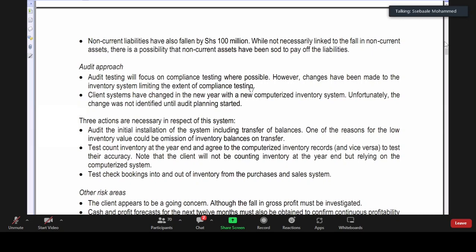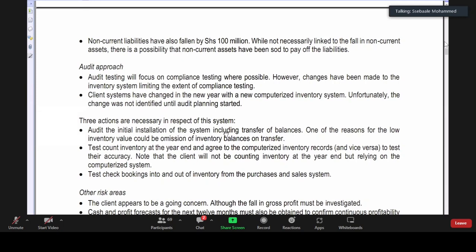That is why you can see there's a pointer that the cost of sales reduced significantly compared to the increase in revenue. It might be that there is an understatement as a result of migrating the inventory data from manual to computerized.